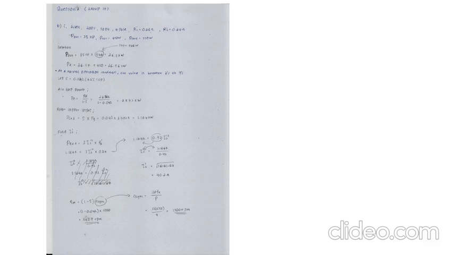From the answer of P out, we need to add the value for rotational losses, which is 26.11 kilowatt plus 450 watt. So we got here 26.56 kilowatt. Next, at normal condition, the value of slip is between 2% until 7%. So just assume the slip is 0.042, which is 4.2% slip.